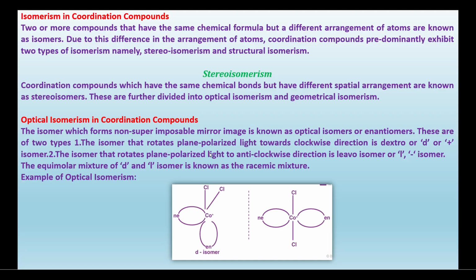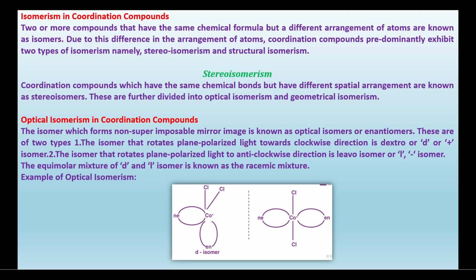What is isomerism in coordination compounds? It is when two or more compounds have the same chemical formula but a different arrangement of atoms. This can be observed in coordination compounds, predominantly as stereoisomerism and structural isomerism.